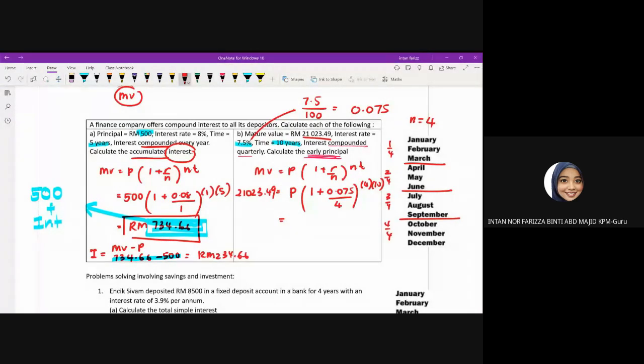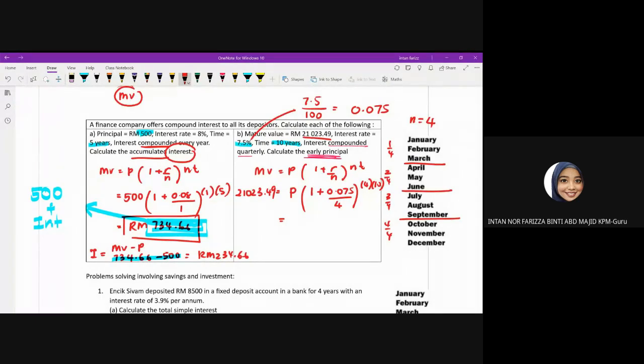So you'll get 1.01875, isn't it? Then press the square sign straight away, and 4 times 10 gives you 40, right? So you write power of 40. Press equal sign.